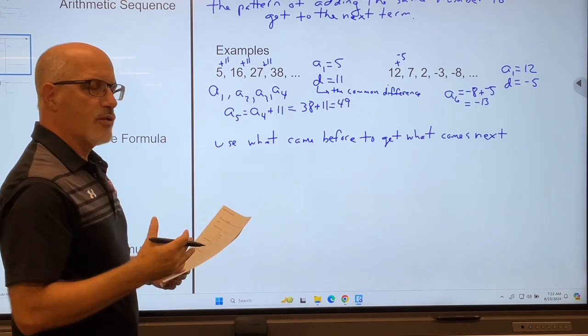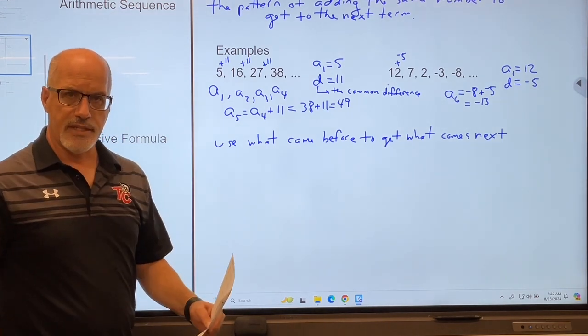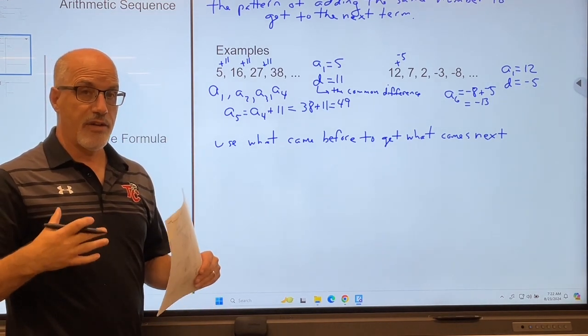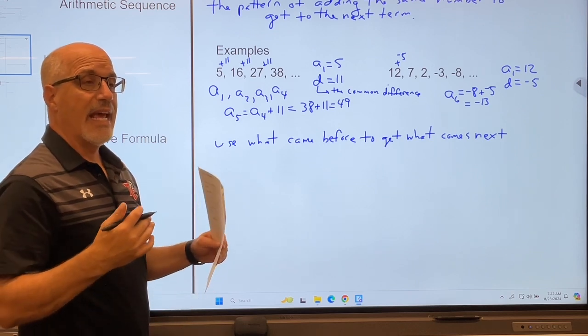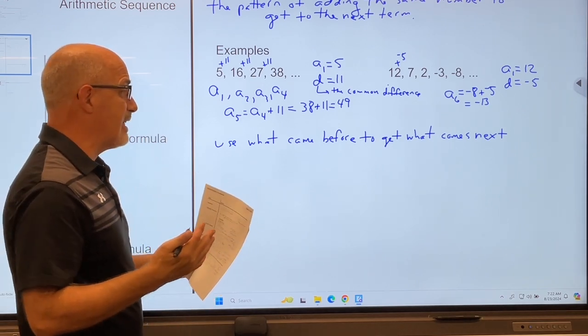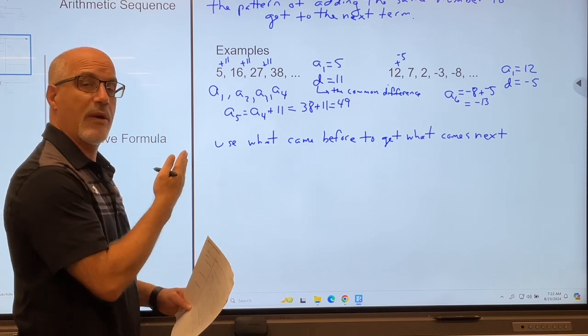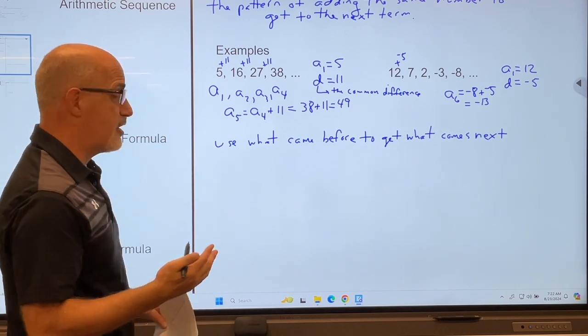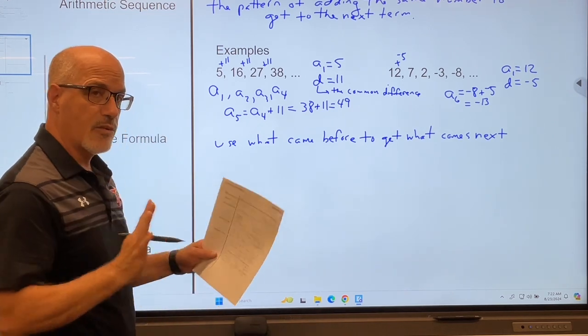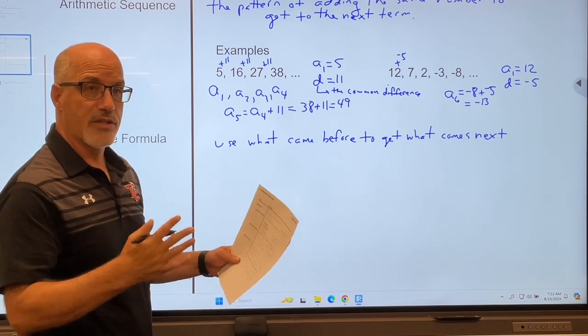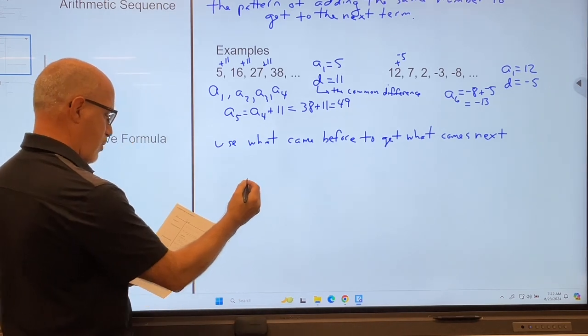So this is where the new notation is going to sink in. You're going to have a lot of new notation in this lesson, and we're going to use this idea of using the first term and what comes next to define each of these sequences. So the notation will look different. You've got to get used to it, but this is the crux of what we're going to work with.